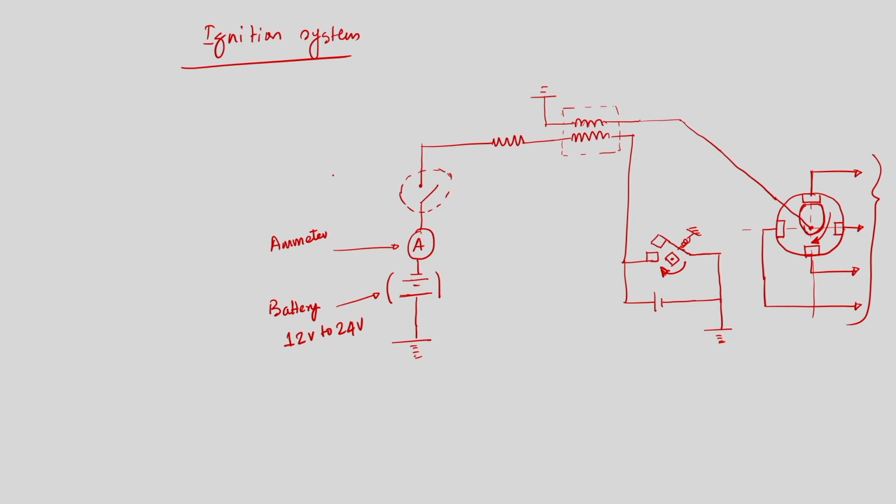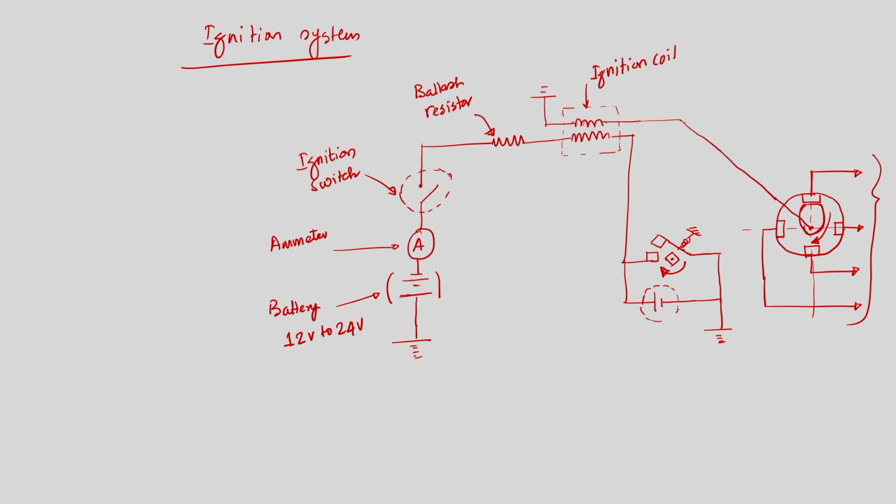This is the ignition switch. This is one resistance which is known as ballast resistance. This is the resistor, and this is the ignition coil, which is very important. This is the capacitor.